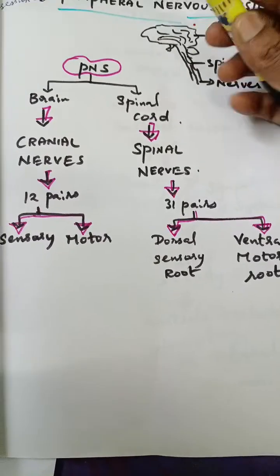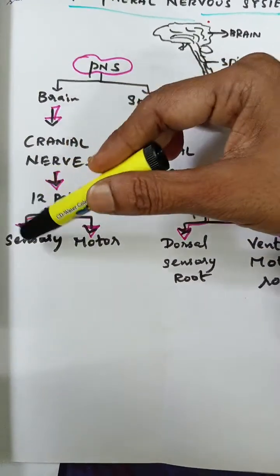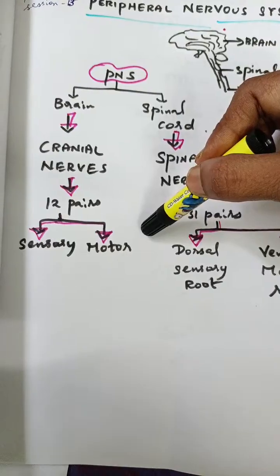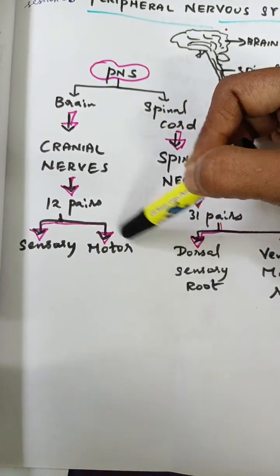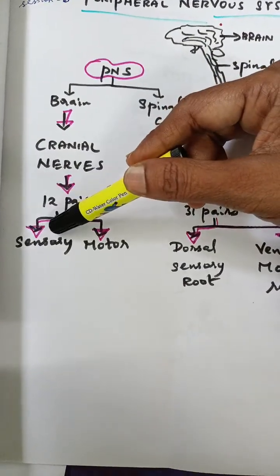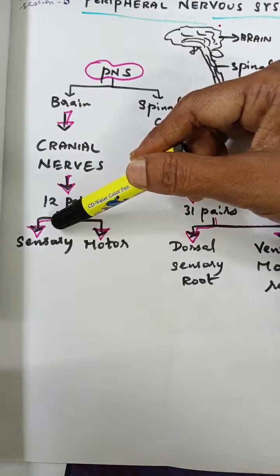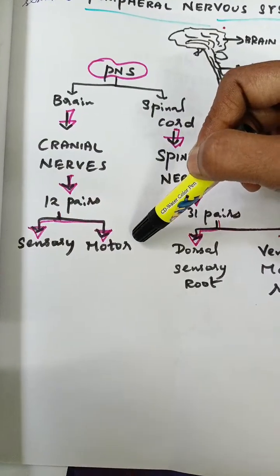Clear? These 12 pairs have both sensory and motor nerves. This we have been studying from previous classes: sensory means the sense organs, the receptors, which are the eyes, ears, nose and the skin, and motor means the muscle fibers.